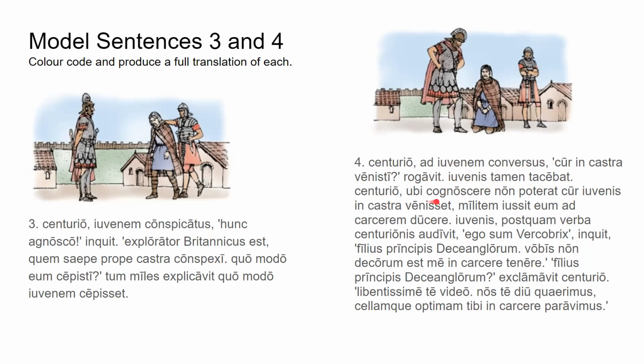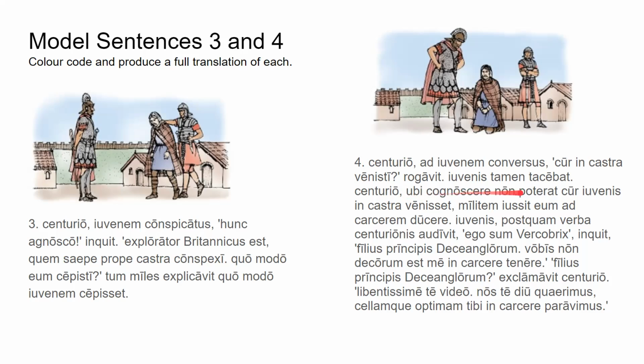Centurio ubi cognoscere non poterat cur Juvenis in castra veniset, militum iusit eum ad carcerem ducere. So the centurion, and then we have a temporal clause here introduced by ubi. We're getting used to seeing cum being used as a temporal clause, but we go to ubi here.